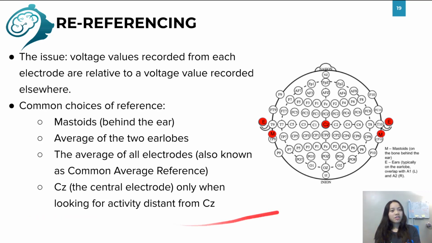Lastly, Cz, or the central electrode, is frequently chosen when looking at activity that is distant from that location. So the Cz electrode would be a poor choice of reference if your analysis involves response errors, which elicit maximal activity around the Cz electrode. And so that's all for referencing.